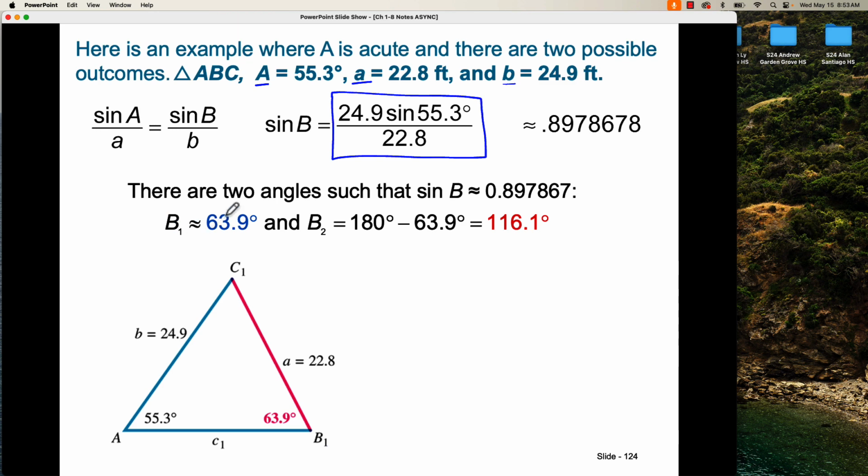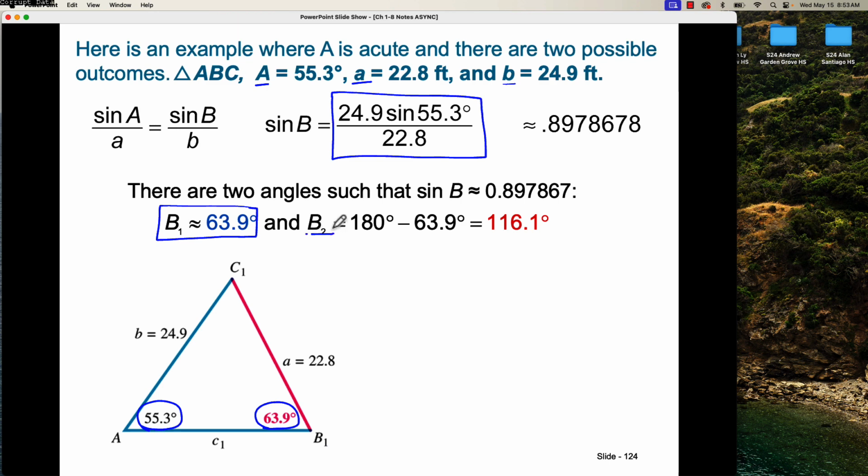Sketching the first triangle, this first option right here. We have one angle measure of 63.9, the given requirement of 55.3, and the two given side lengths there, and we can see that this triangle can be constructed with those given measurements. Now let's check this one out.